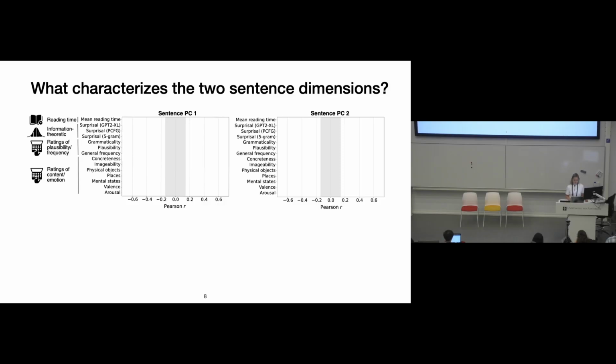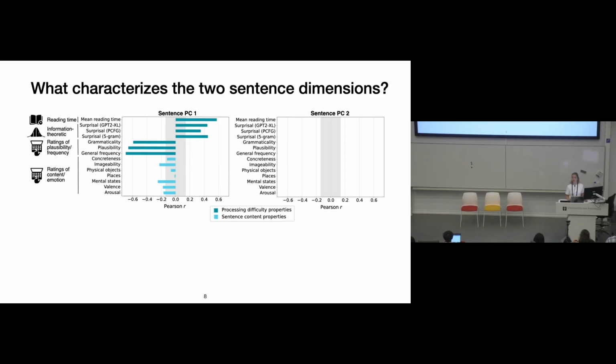I'll show the correlation of each of these two sentence PCs with these properties here on the y-axis. First, let's look at PC1. The bars here are colored according to whether the properties fall into two broad categories. Dark teal for properties related to processing difficulty, a sentence's reading time, how surprising it is, and light blue for properties related to a sentence's content.